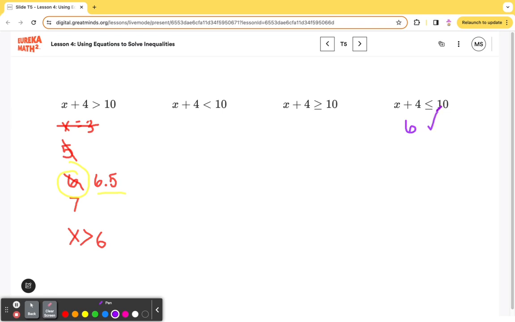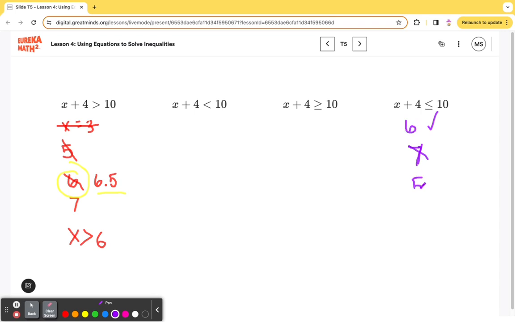So yes, in this case, it could be 6 because we are saying less than or equal to, and 10 is less than or equal to 10. Could x be 7? Well, 7 plus 4 is 11, so no, it could not be 7. But it could be 6, right?